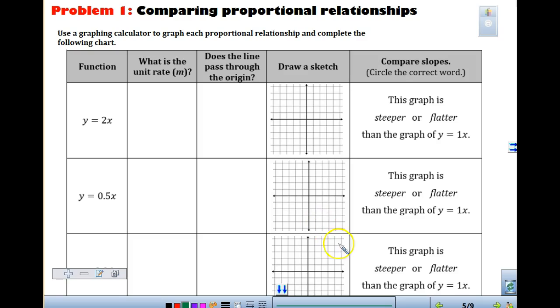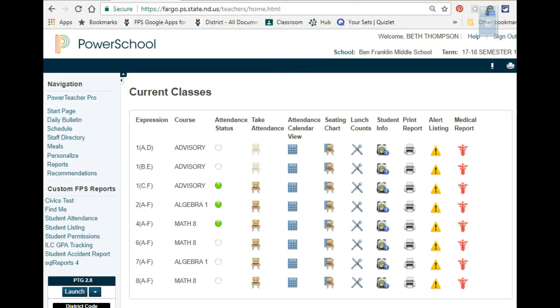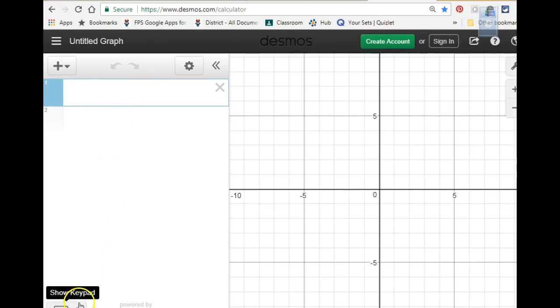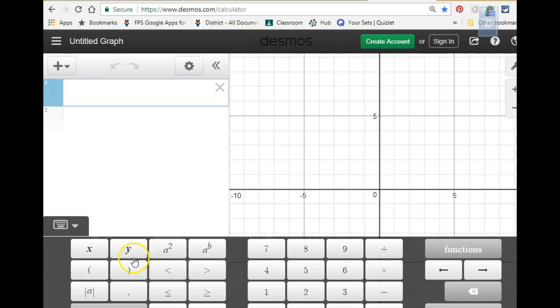So the first thing we want to do is go to that calculator and put in the equation y equals. When we start typing, we want to show our keyboard, we're going to put y, you're going to go with equals, and put in just x to start with.